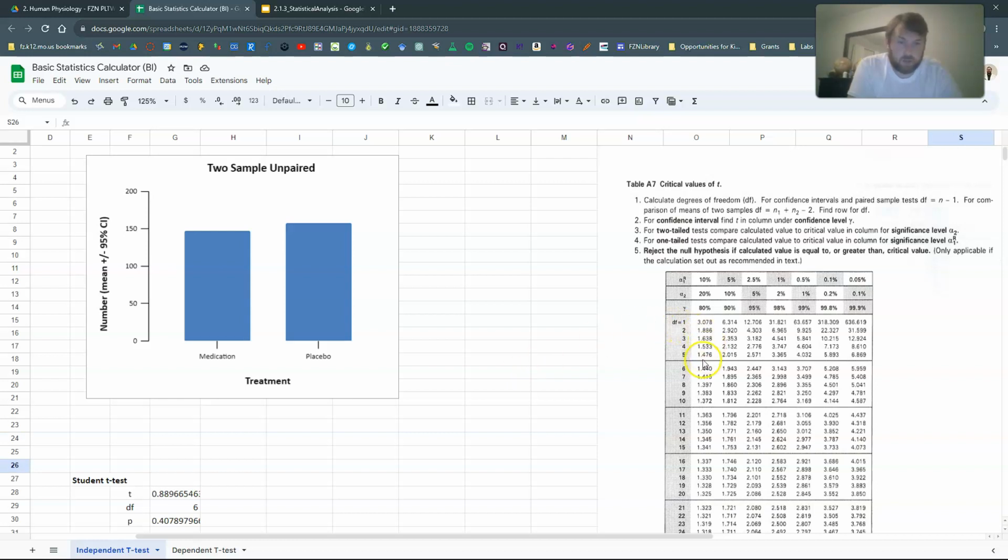But again, we can just go to 6 and the alpha of 5%. So that's a 95% interval. That would be 1.943 right there. And that is much higher than our t-test right there.